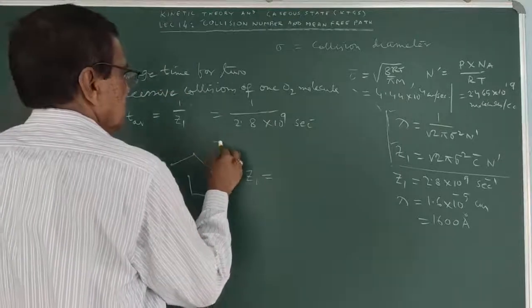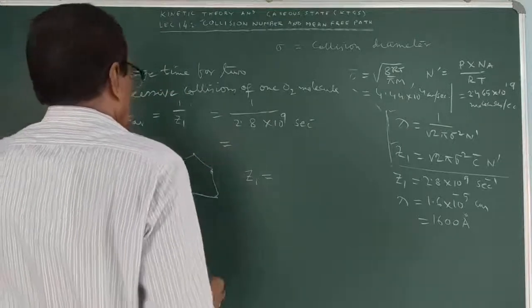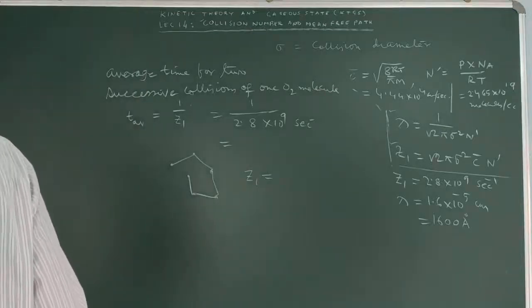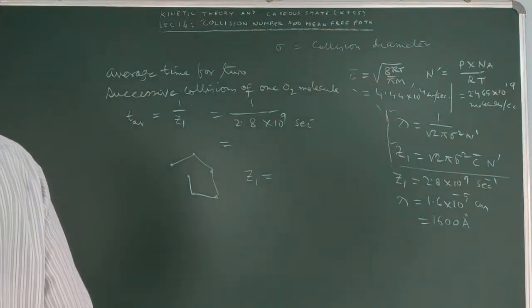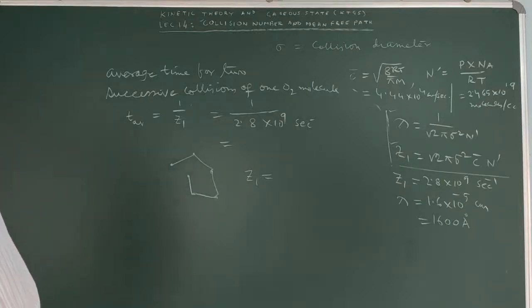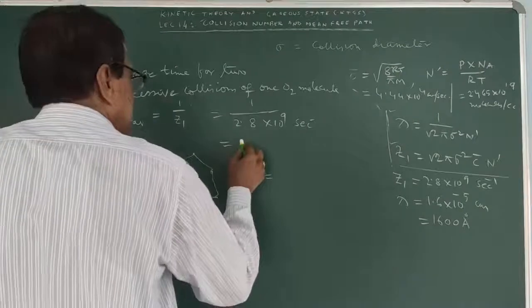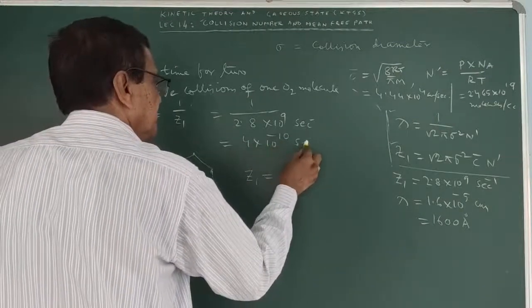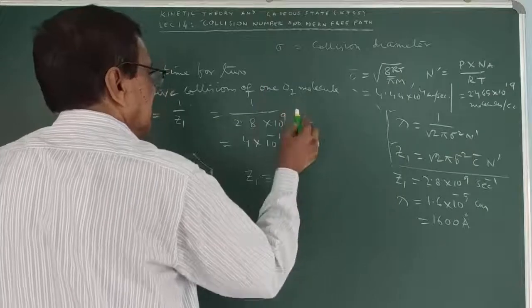So this gives you 1 by Z1 equal to 4 into 10 to the power minus 10 second.